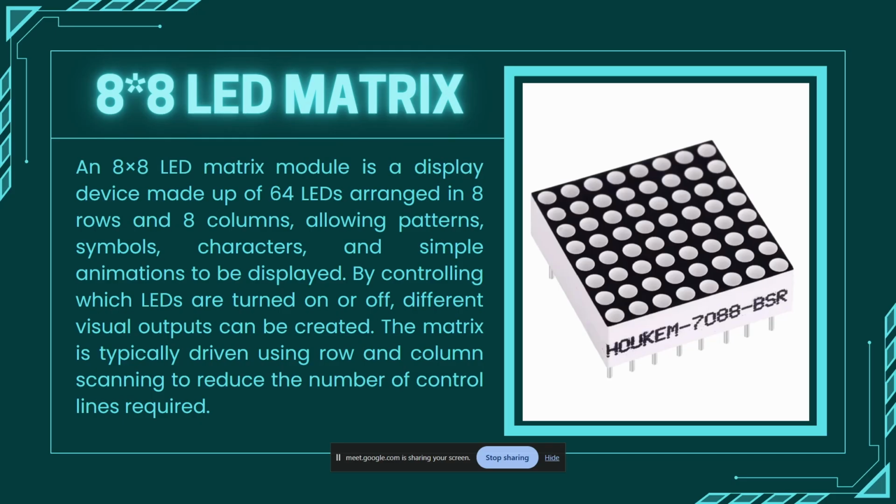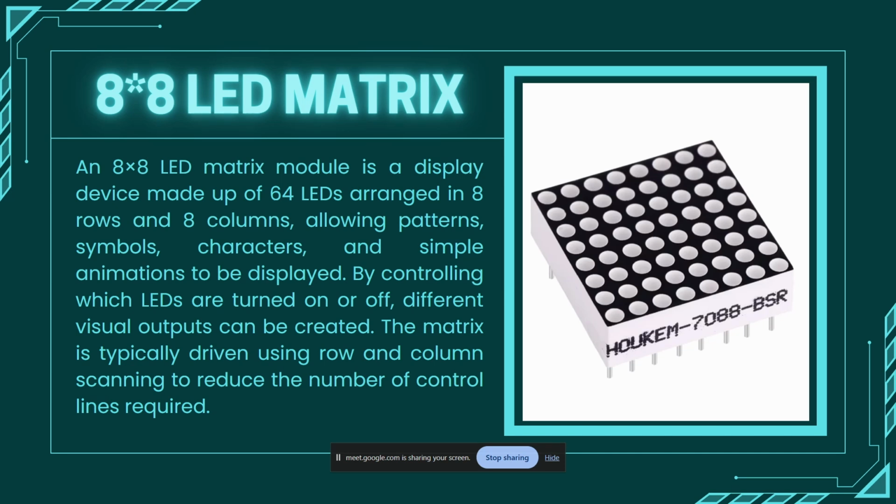We made this unit such that we print these columns one by one. So if the text on my screen makes sense, an 8 by 8 LED matrix module is a display device made up of 64 LEDs arranged in 8 rows and 8 columns, allowing patterns and so on.